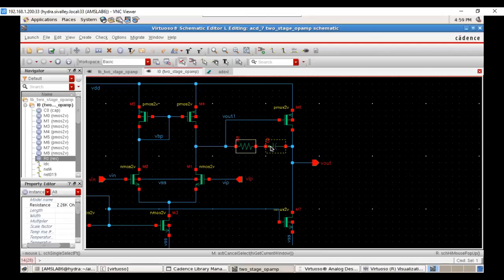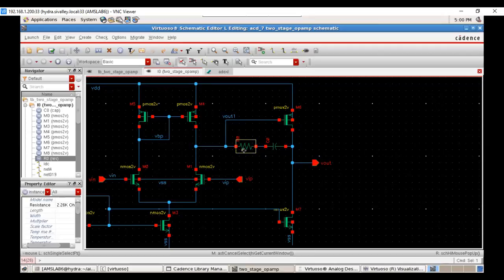Now the question is how much resistance I should keep here. We know that capacitive impedance is the reciprocal type, for example XC is 1 by 2 pi f, but for a resistance it is directly proportional.